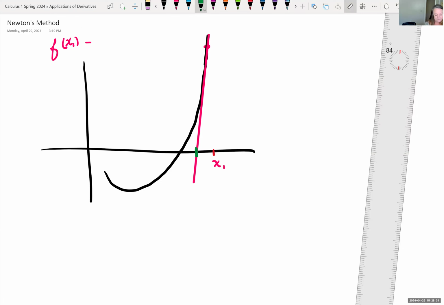And so if I wanted to find this value, let's just call this x for now. If I wanted to find that value x, well, I have a point. Our point here was x of 1 and f of x of 1. My slope, at that equation of the tangent line, is equal to the derivative evaluated at x of 1.